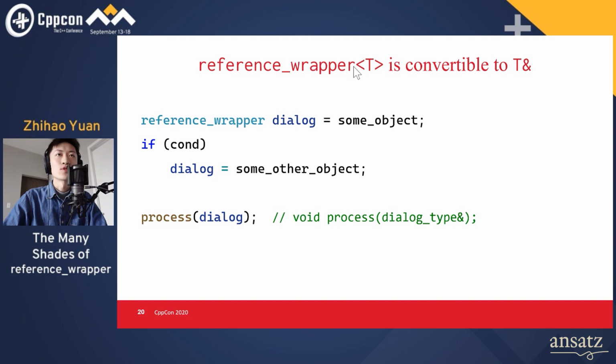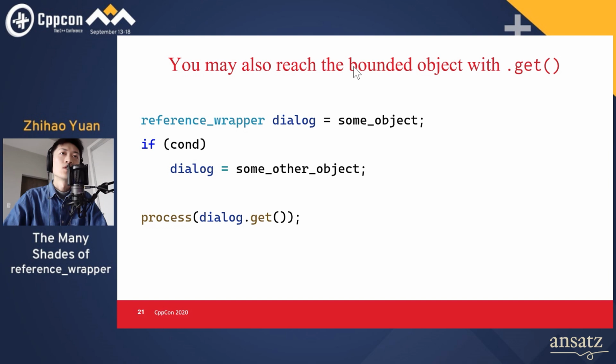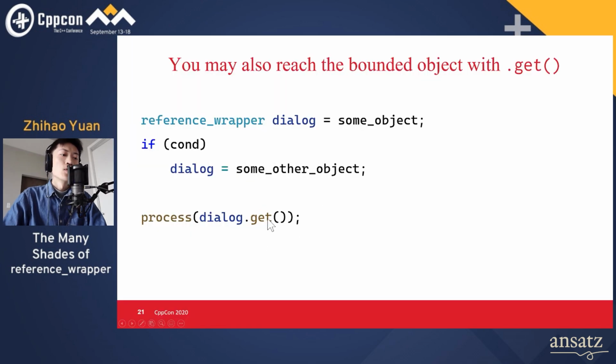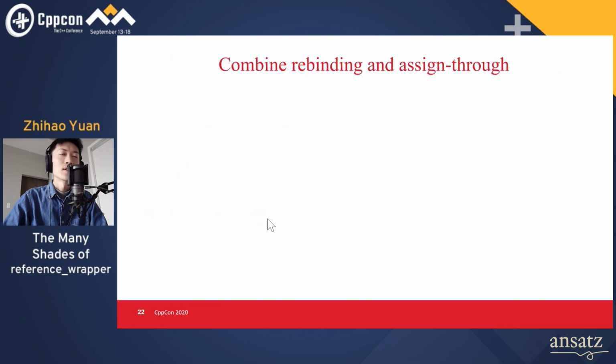But you don't have to rely on this conversion to get that access. You can also reach the bound object using the .get member function right here. With this, we are able to combine rebinding and assign through in the same program. When you want to rebind an object to a reference_wrapper, you use reference_wrapper's own assignment operator.